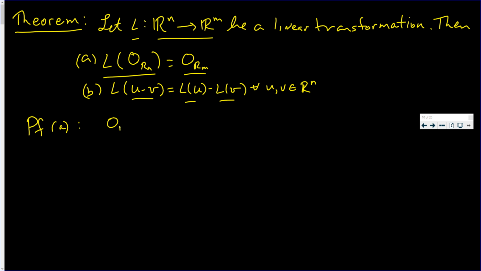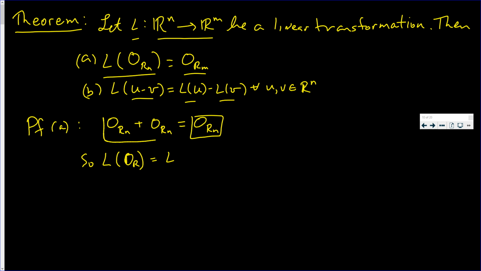We know that 0 in Rn plus 0 in Rn is equal to 0 in Rn. Take the 0 vector in Rn and you add the 0 vector in Rn to it, you get the 0 vector. So, L of this is equal to L of this.